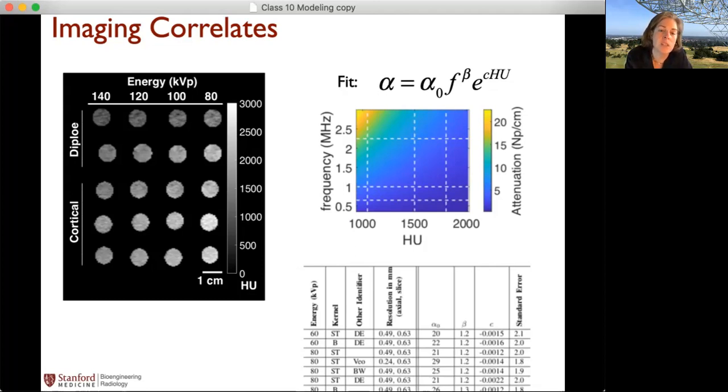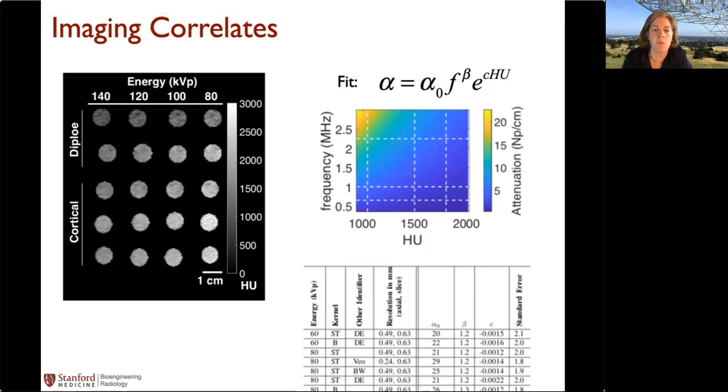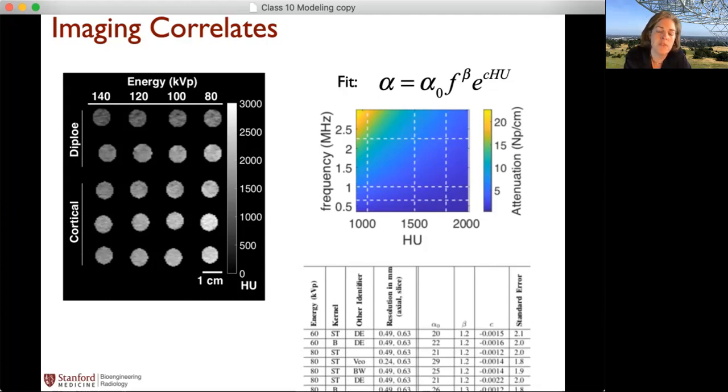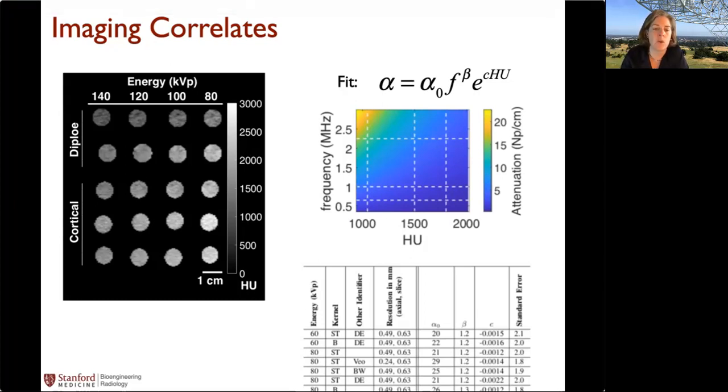It's also at higher frequency, and we know that attenuation is frequency dependent. Higher frequency is going to give you more attenuation. So on both counts, it makes sense that this is the high corner. So we fit it to the plane, and that was now the attenuation curves that we can use going forward. And of course, we did this for multiple different sets of CT images.